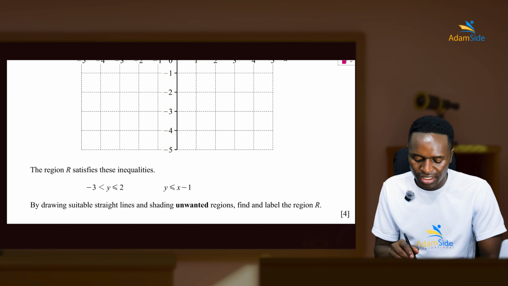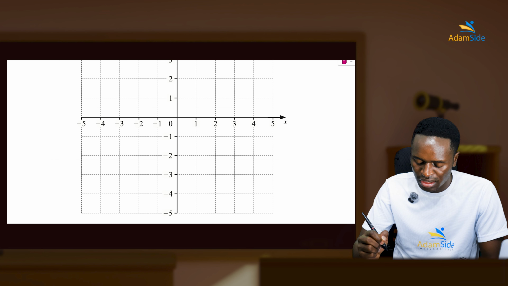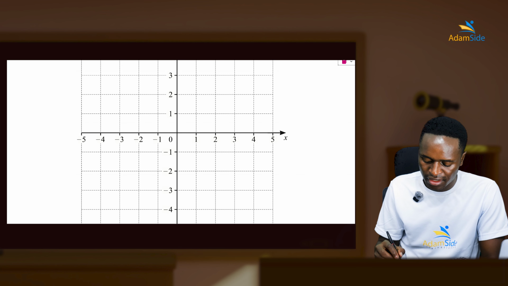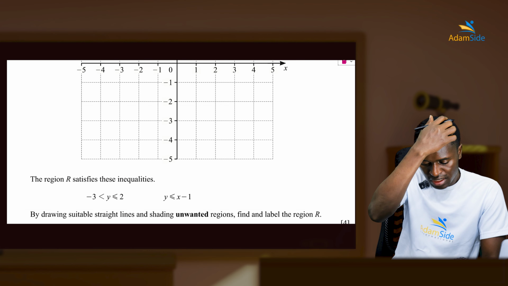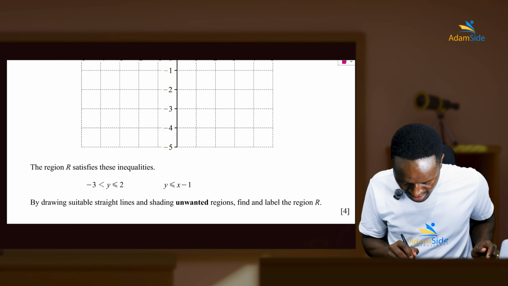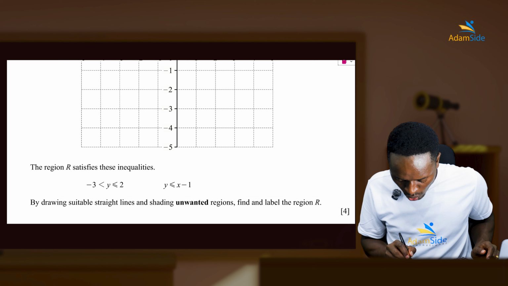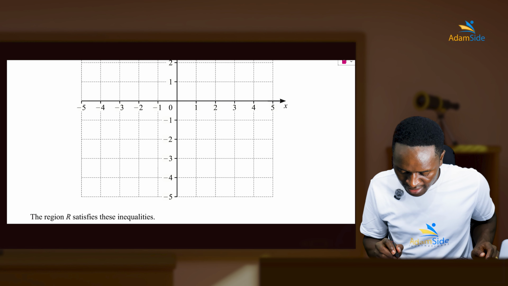Where we have negative 3, we can draw negative 3 here. So negative 3 is less than y, and y is less than or equal to 2. So we have a full line at 2.